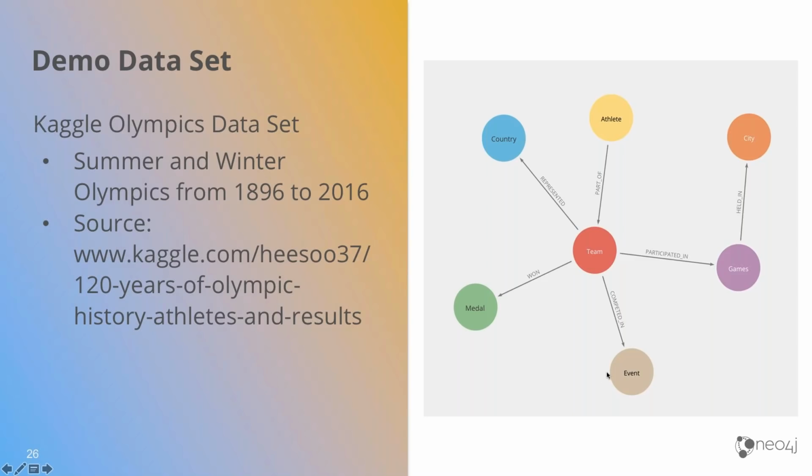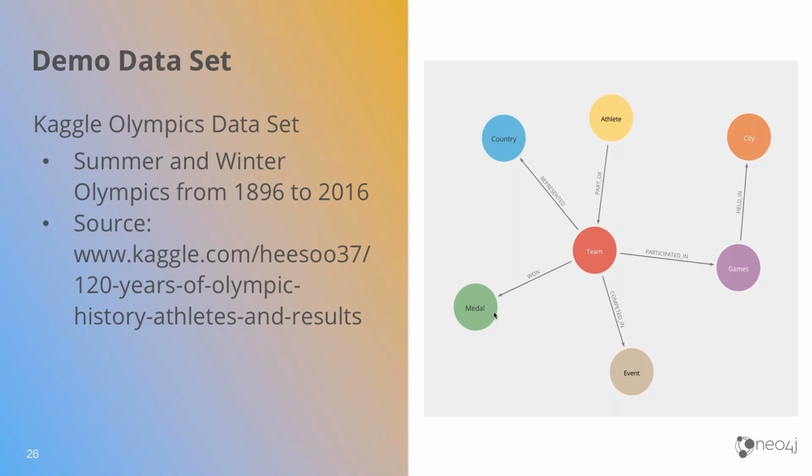For this purpose, I'm going to use an Olympics data set that has information for Olympic Games from 1896 onwards. I thought it would be somewhat simplistic enough for the webinar, manageable, and pretty much everybody could relate to this kind of data. So in this particular data set, what you're seeing is there are athletes.